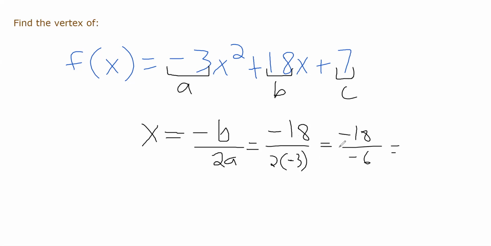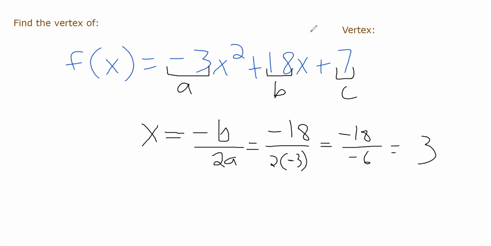Those will become positive. 18 divided by 6 is 3. So the vertex has an x coordinate of 3.